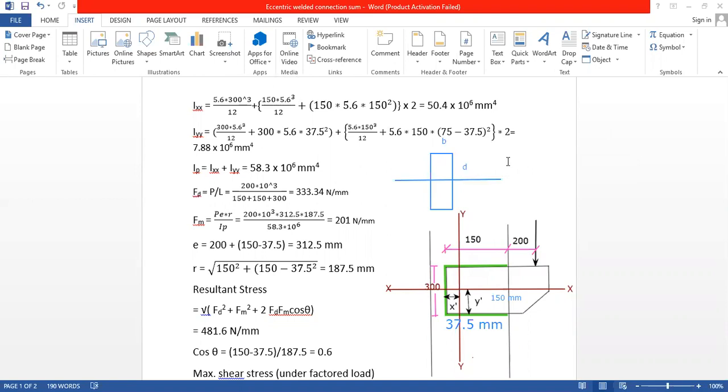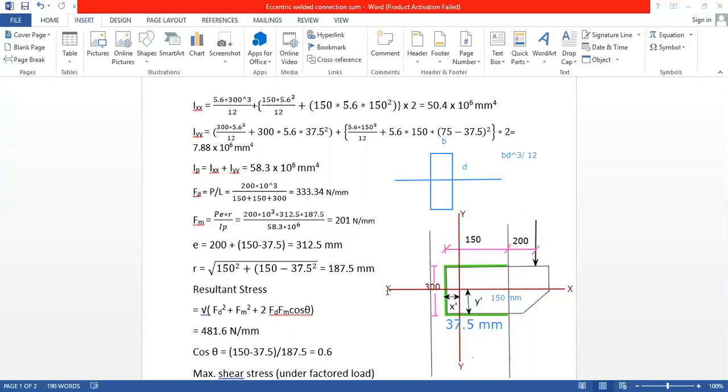My formula for moment of inertia about this axis will be given by BD cube divided by 12. Okay, so let's see how to calculate.